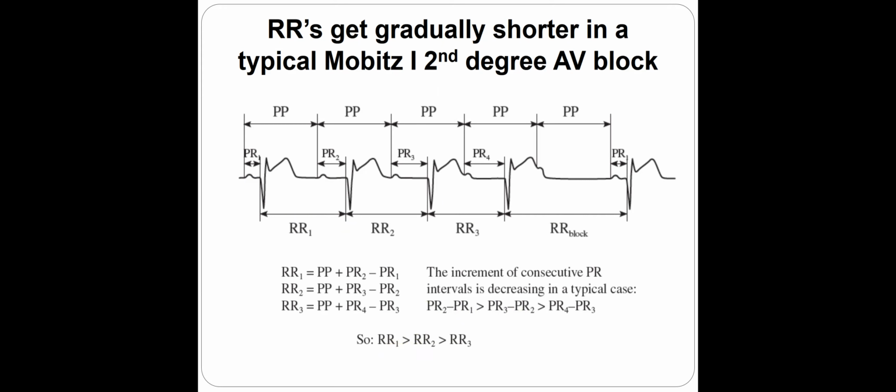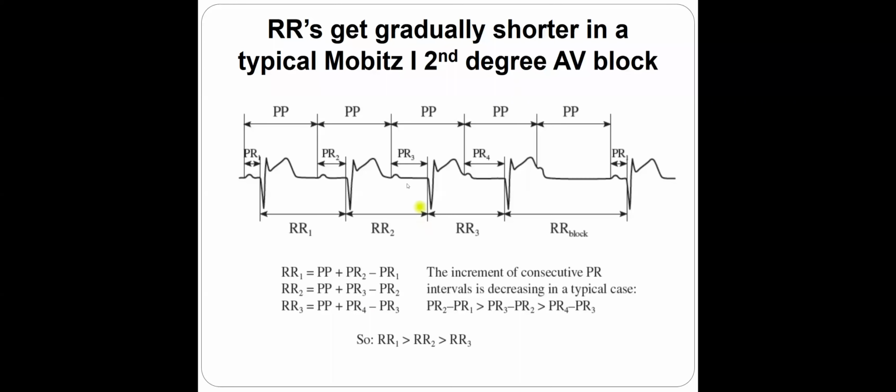Now, why is it so important to understand? Because if you remember what I said about SA blocks, we do not have any kind of ECG sign for the sinus activation. We see only the atrial activation. Similarly here, if you want to diagnose an AV Mobitz type 1 block based on the RR distance, we do have the P, but in SA block we don't.